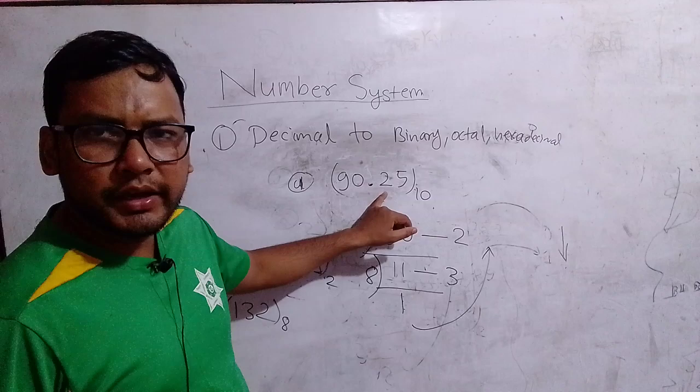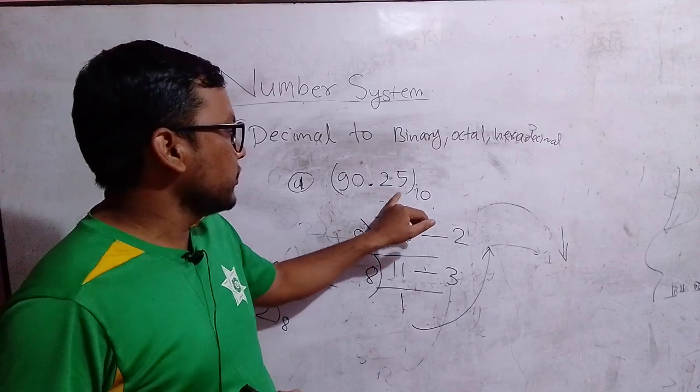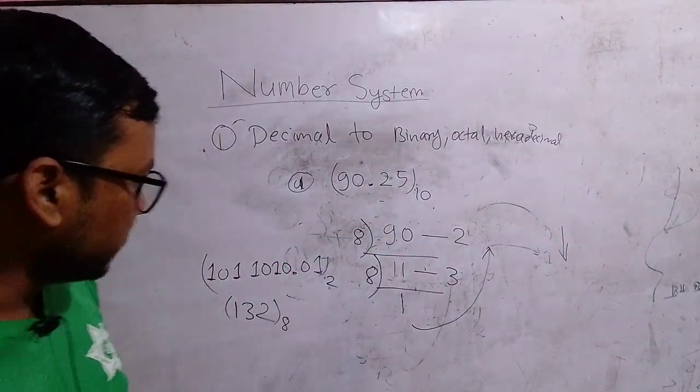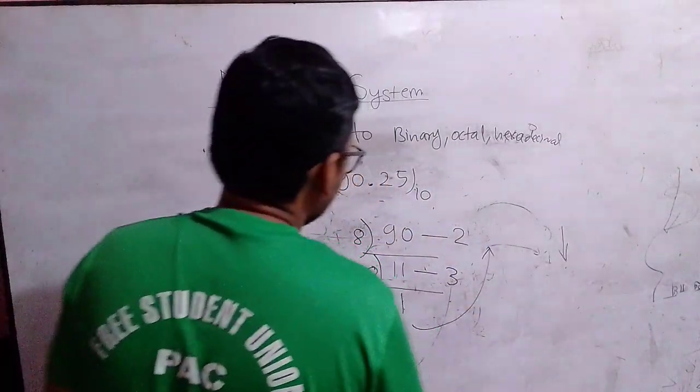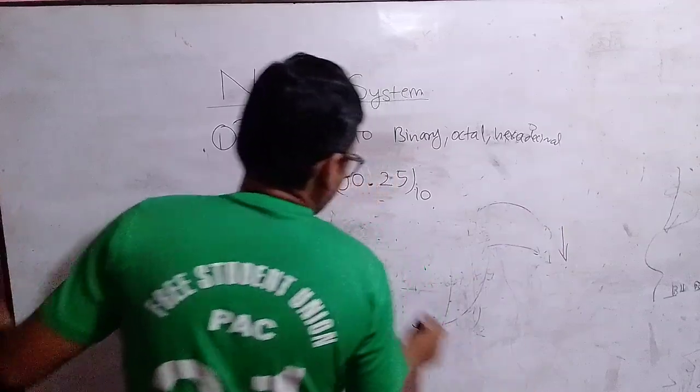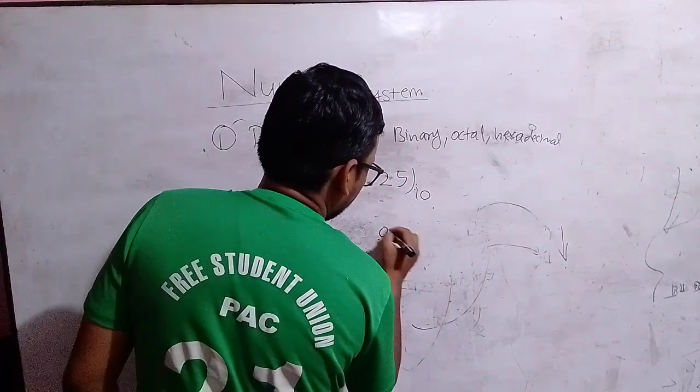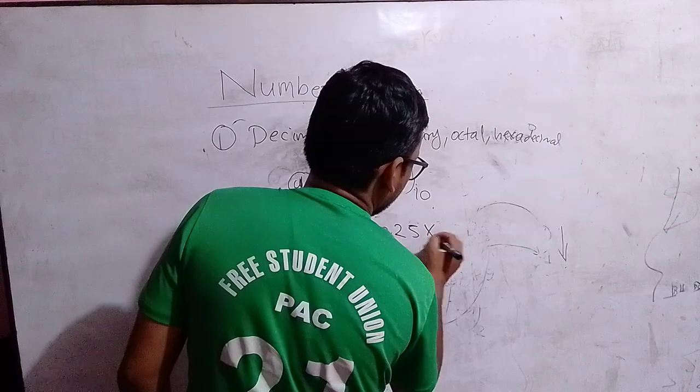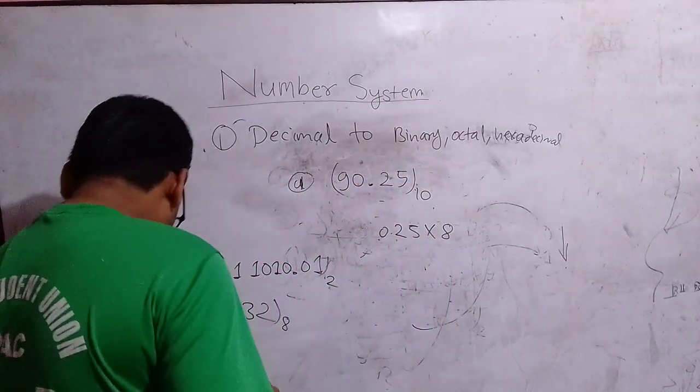Now we need to again convert 0.25 into the octal number system. Similarly we will do 0.25. We need to multiply it by 8.